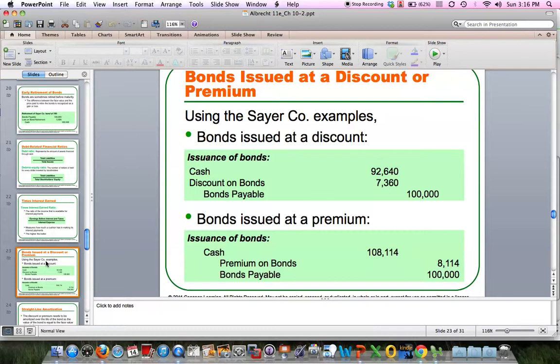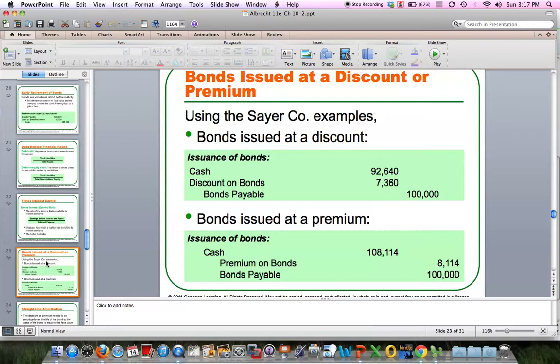And so no matter what we receive for a bond, if in the top one we have the discount example, we still credit bonds payable for the full 100,000, because that's what we have to pay back. We still have to pay $100,000 back to the bondholder, even if we only receive cash of $92,640. And so we have what we call a discount on bonds payable, which is the difference. We'll have to amortize that $7,360 away. Over the life of the bond, we'll have to reduce that.